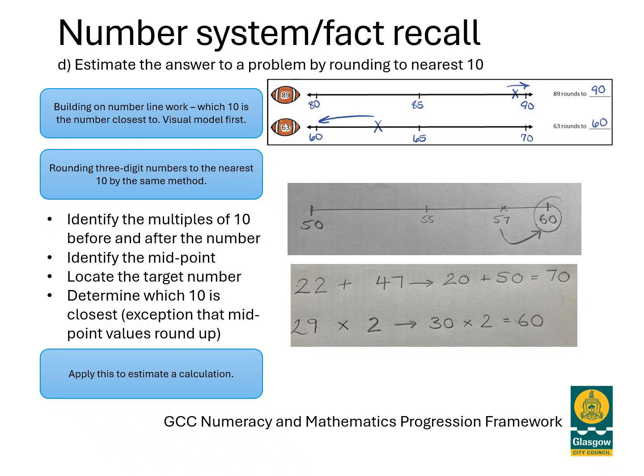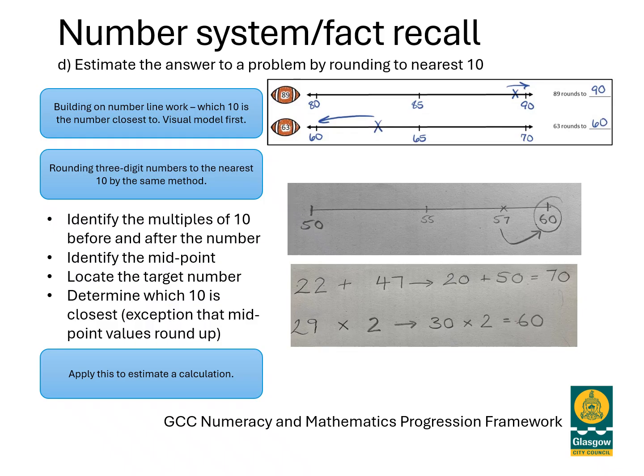And then when they've got those multiples of 10 before and after, they find the midpoint and decide whether the number that they're interested in is before that midpoint or after the midpoint. And we teach them that the exception is if we're right on the midpoint, we're rounding up.